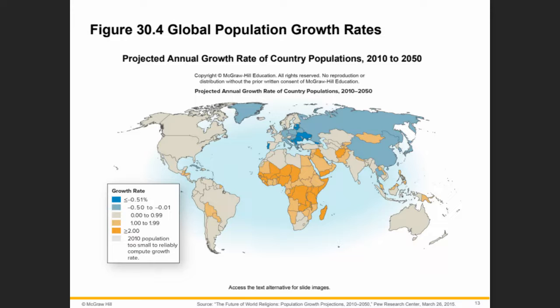Let's look at where we are. United States, we're at 0 to 0.99%.